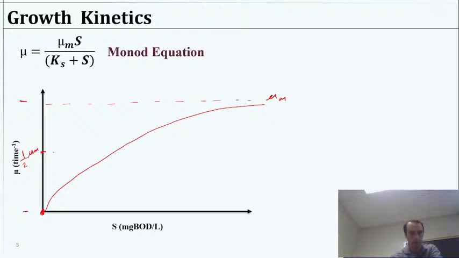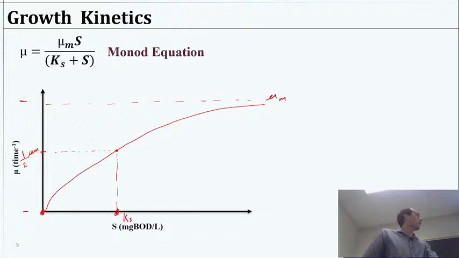That's the amount there. So we can find Ks then if we bring this over and say, all right, at this point, we've reached the halfway mark in terms of the growth rate coefficient, and then this mark is our Ks. This is in milligrams BOD per liter.